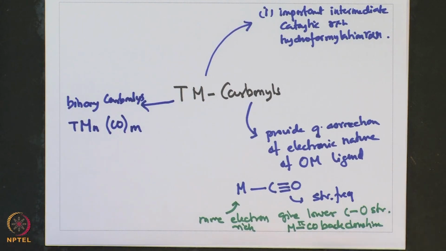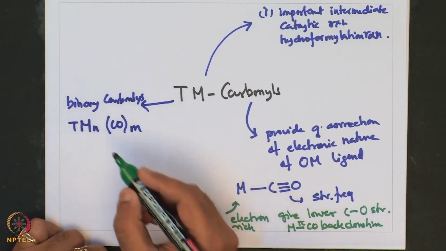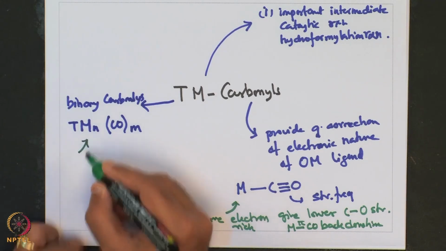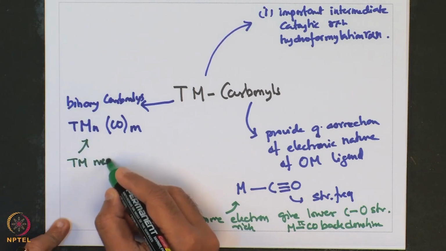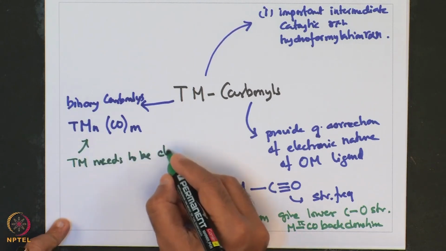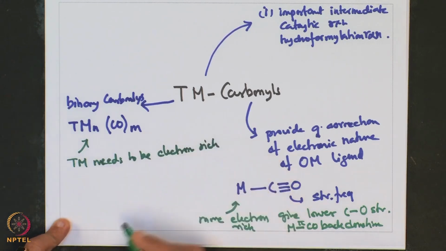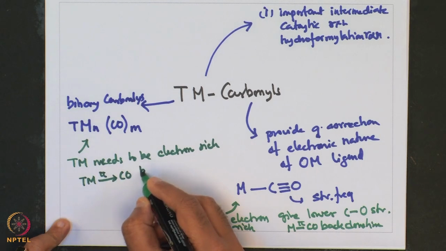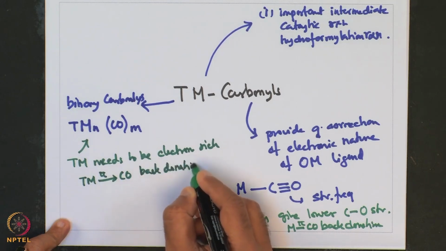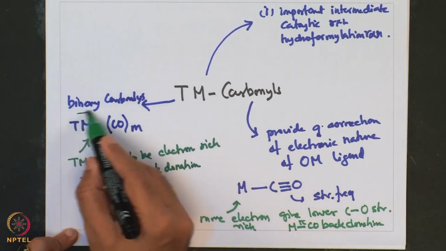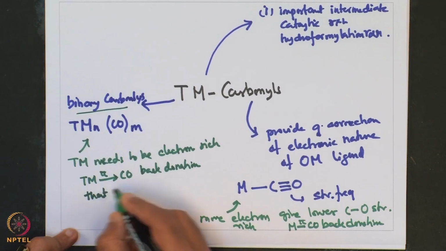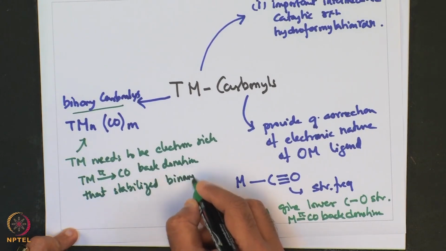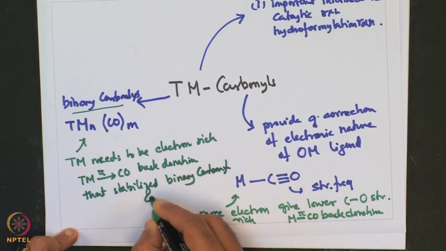What we discussed in the previous lecture was that for binary carbonyls to occur, the transition metal has to be electron rich, such that transition metal to CO pi back donation occurs, which stabilizes these binary carbonyl complexes.